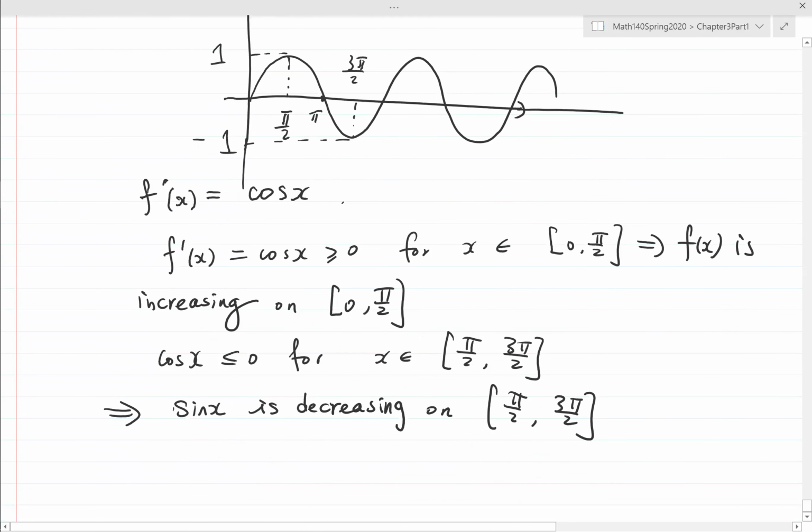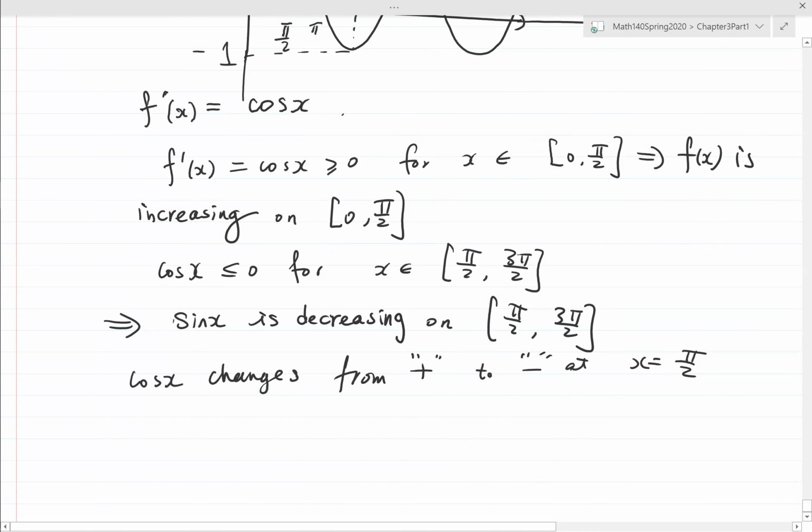Okay. Now you see, when x is pi over 2, cosine x changes its sign from plus to minus at x equals pi over 2. Left side is acute angle, cosine value is positive. Then greater than pi over 2, it's an obtuse angle in the second quadrant, then the cosine value is negative.